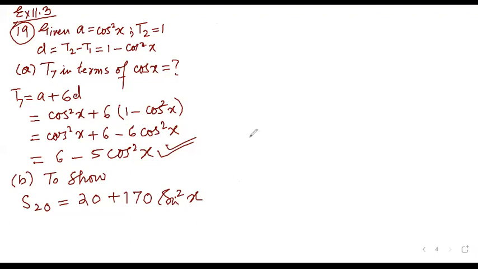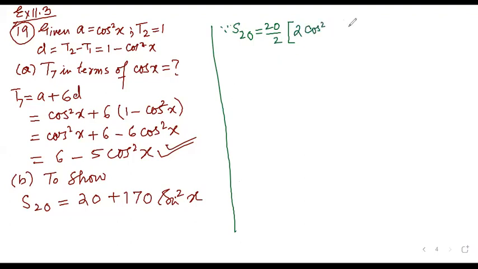S20 is equal to n upon 2, means 20 upon 2, times 2a, and a is cos square x, plus n minus 1 into d. N is 20, so this will become 19, and the value of d is 1 minus cos square x.